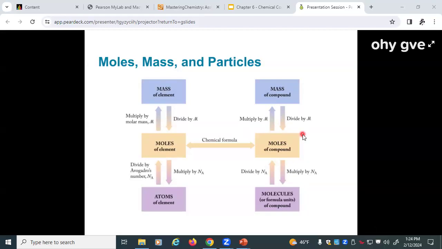There's a side that involves atoms and elements, and a side that involves molecules and compounds. And there's actually a way to go between the two, but that's not something that we're going to talk about today. But it is definitely possible to go between both zones, both worlds here.